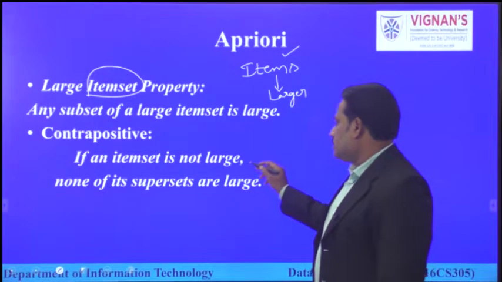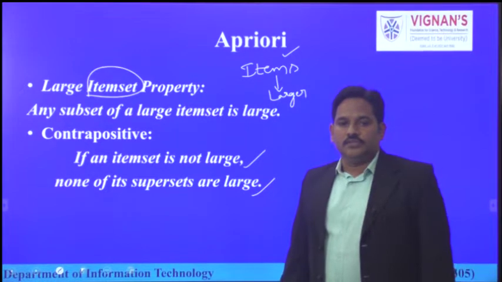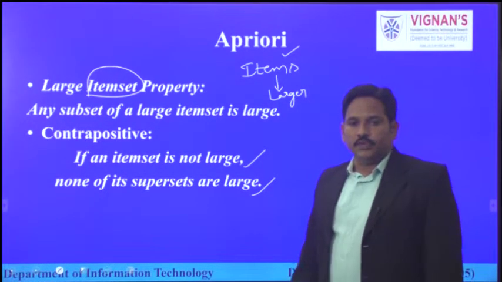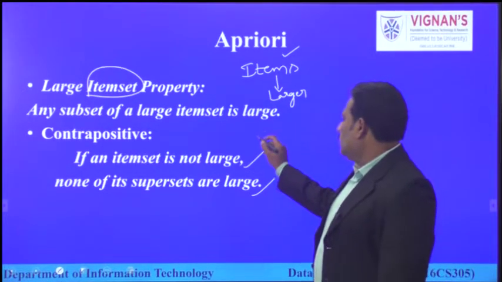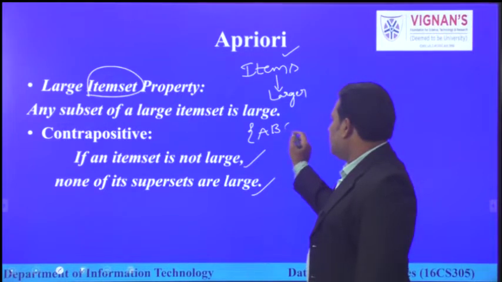Now, what is the contrapositive related to Apriori? If an item set is not large, none of its supersets are large. That means, let us take one small example. Here we have an item set called ABC.